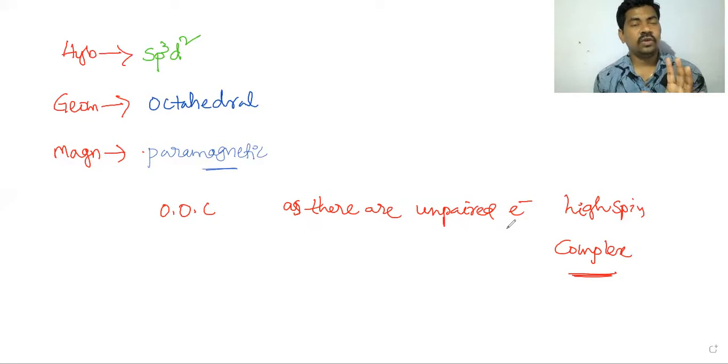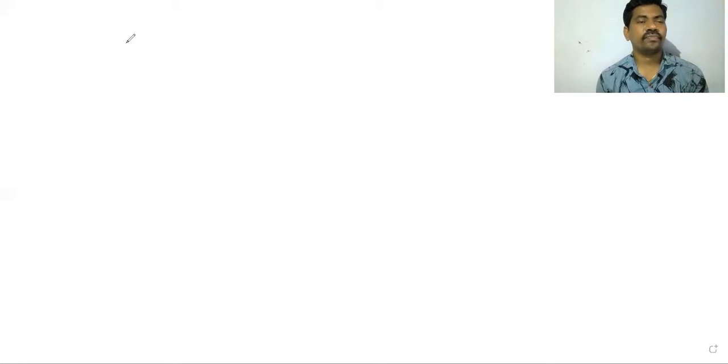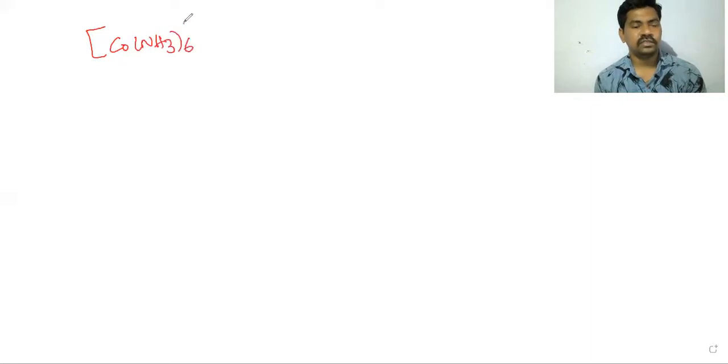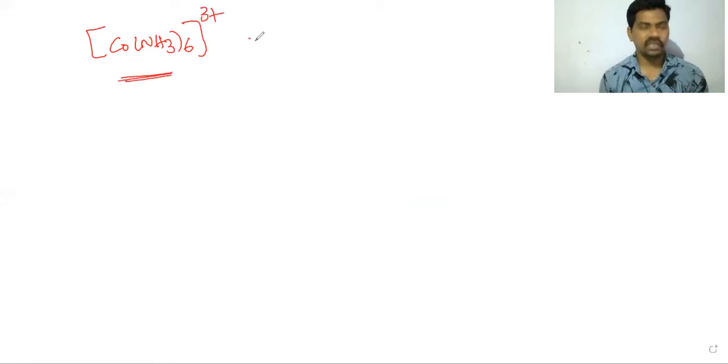Just keep in mind whether the ligand is a strong field or weak field ligand. So we can solve one more example depending upon this trick. Another compound is Co(NH3)6 3+. Find out the geometry, hybridization, and magnetic nature.